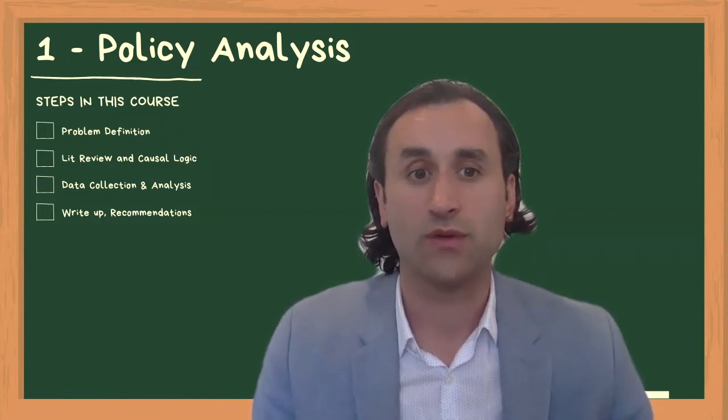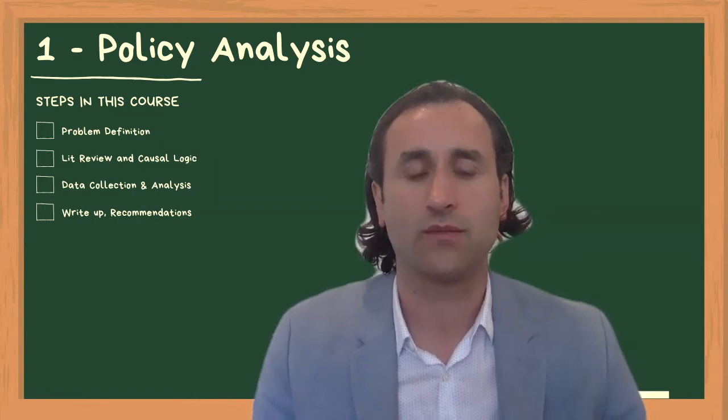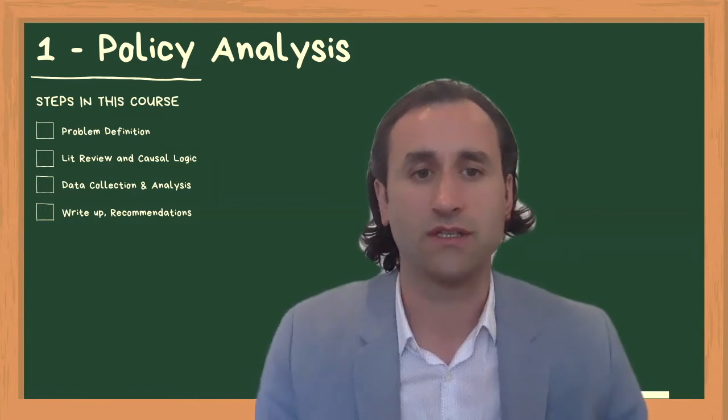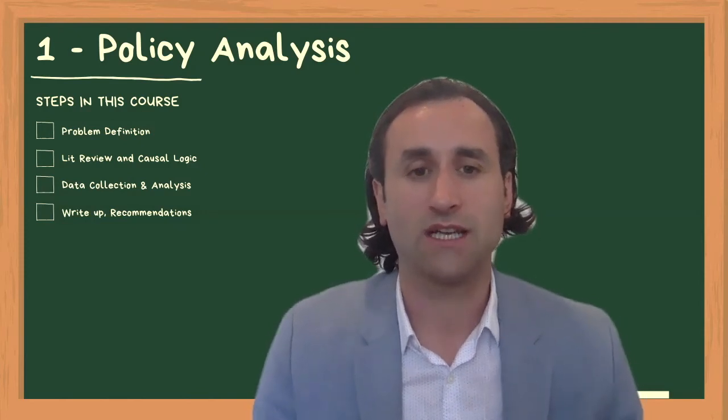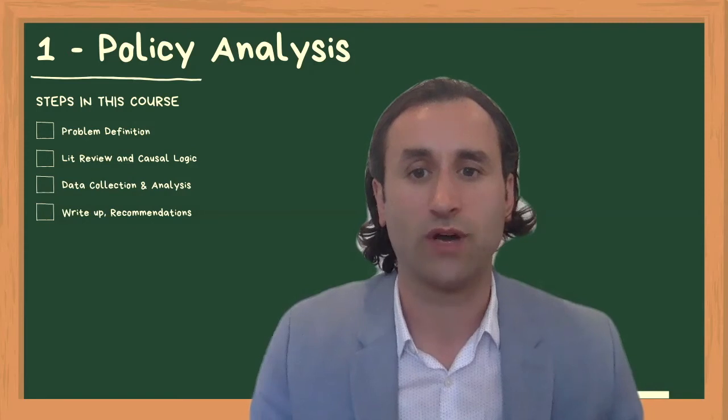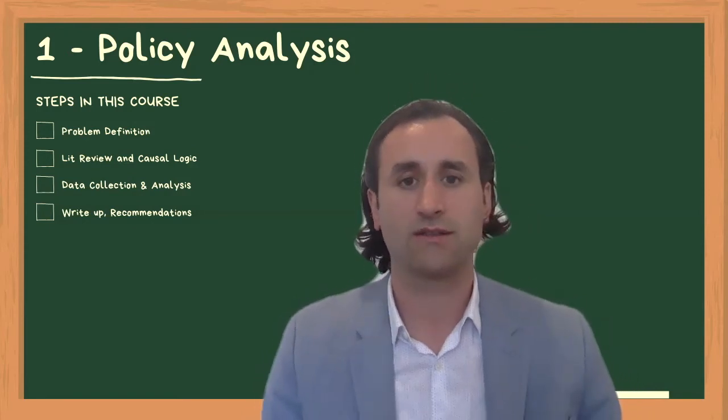For this course, we'll cover problem definition. We'll include a literature review, which is important for any project, as well as some of the causal logic. And so that will be in your second project assignment. And then there'll also be elements of data collection and analysis, as well as write-up and recommendations.